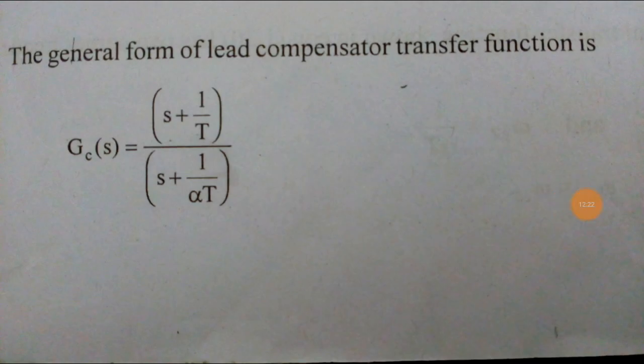This is the basic equation for a lead compensator, that is Gc of S is equal to (S plus 1/T) divided by (S plus 1/(alpha T)). So in order to find the transfer function of Gc of S, we need to find alpha.